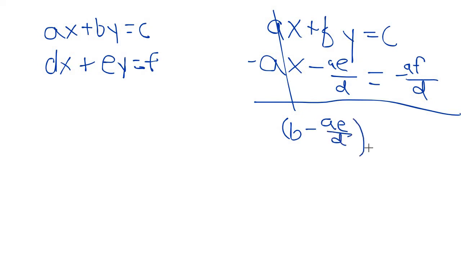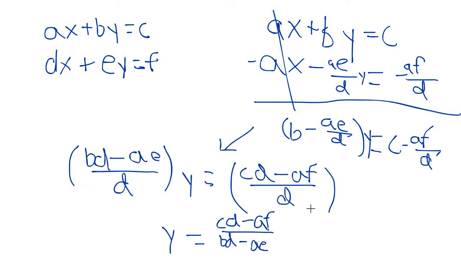Now, since I don't want you to see all this tedious writing, I'm just going to simplify this and do all the work, and I'm going to show you what I ended up with. Alright, so now that I did all the work, you can see that, first, I took b minus ae over d, and I put b under the same denominator, so I got bd minus ae over d times y equals, and I did the same thing with c minus af over d, and I got this.